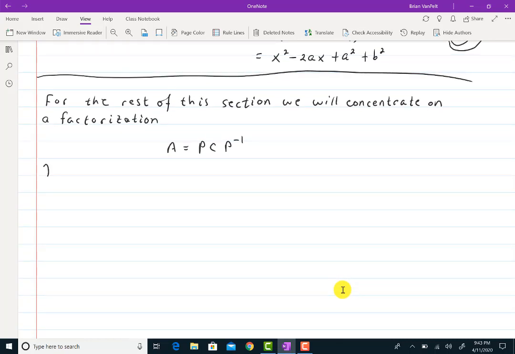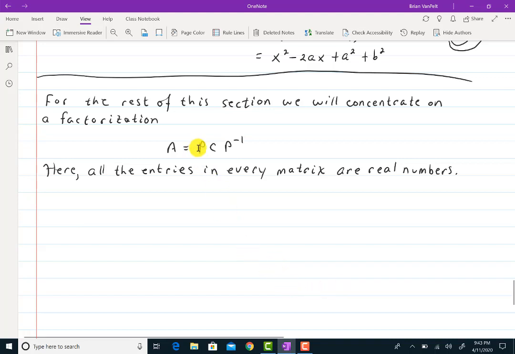Here, all the entries in every matrix are real numbers. So, while we can't diagonalize, many times we can get it into a form that's similar to diagonalization, and it has some interesting mathematical properties as well, which we'll talk about also.